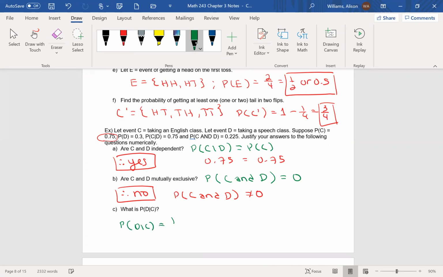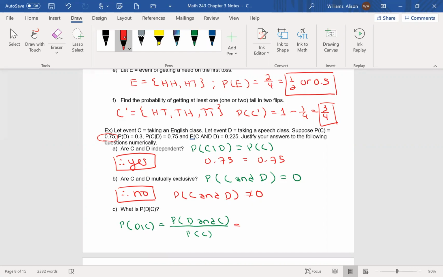It is the probability that D and C both happen, which is the same thing as C and D, over the probability of C. So this means we're looking for all of the things that D and C have in common over just C, like all the events that are happening with C, because we're limiting ourselves to only looking at C when we're doing a given like this.